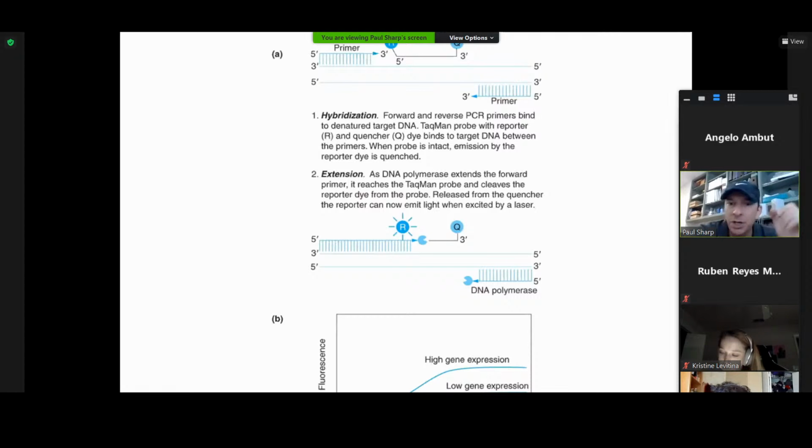The big factor is when you cross the threshold. If you cross the threshold first, that's going to be high level of gene expression. Versus if you cross the threshold later on, it's low. Like right here, we crossed the threshold at the 12th qPCR cycle. Over here, you crossed it at the 20th. Why did it take so much longer? Because you had far fewer mRNAs with the sample that had low gene expression.